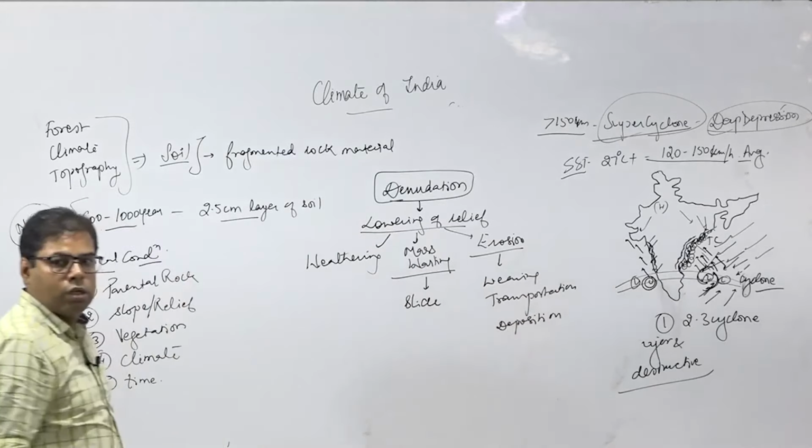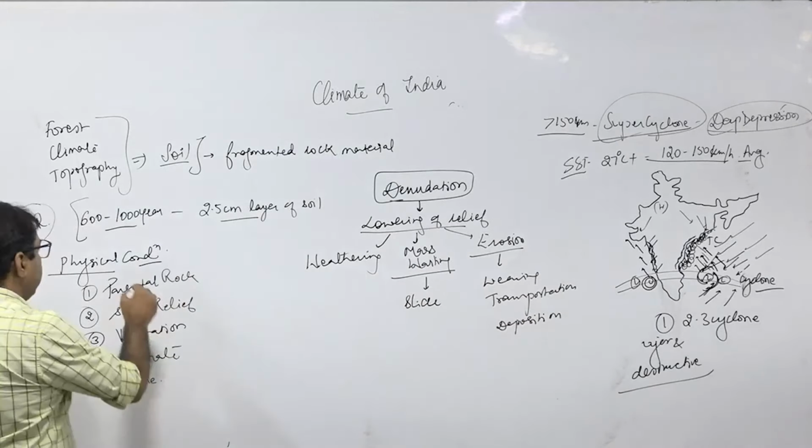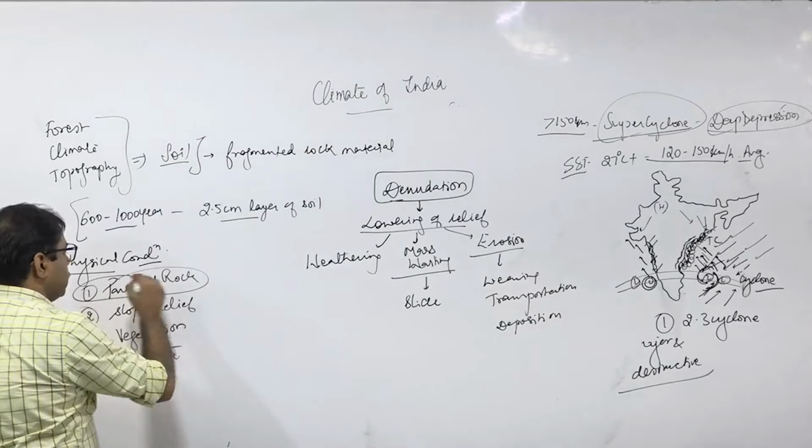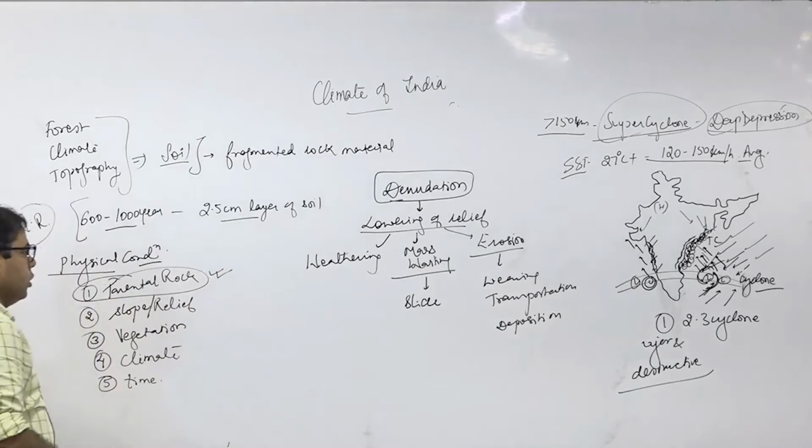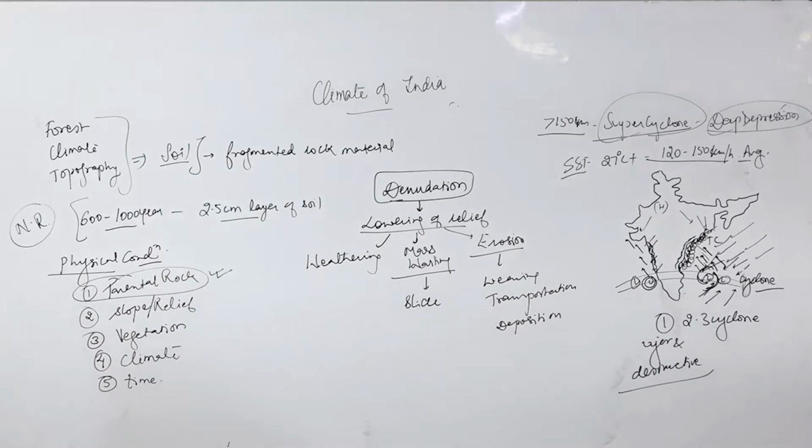rock material. So therefore, the primary factor for the formation of the soil, or the quality of the soil, is primary rock. Clear हो गया?